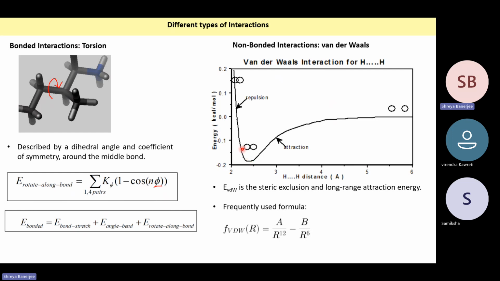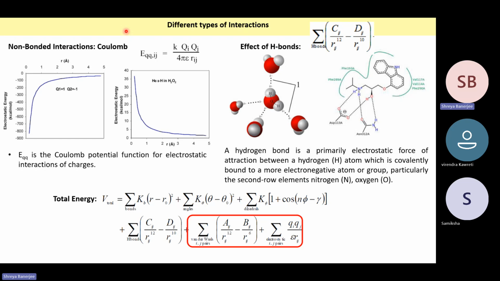But if you bring them even closer, the repulsion energy comes into effect, and then the energy again increases. This particular point, the minimum of the energy, is the bond energy. The energy associated with van der Waals interactions is given by this formula, where A and B are constants and R is the distance between the two atoms. So van der Waals interaction is one of the non-bonded interactions.